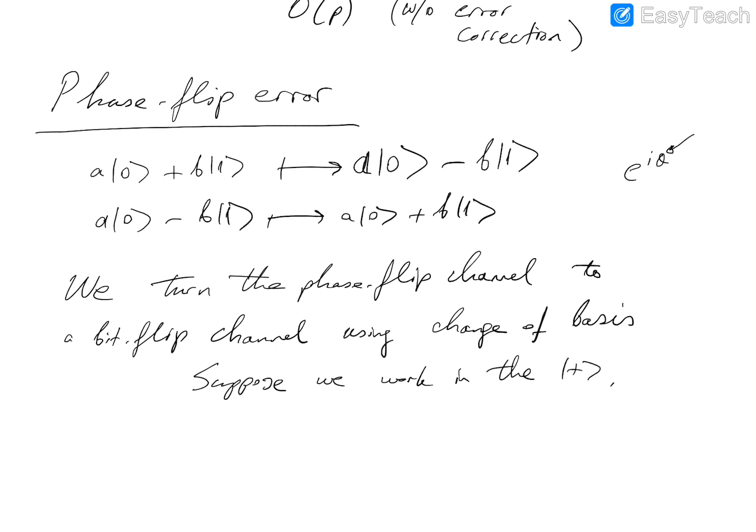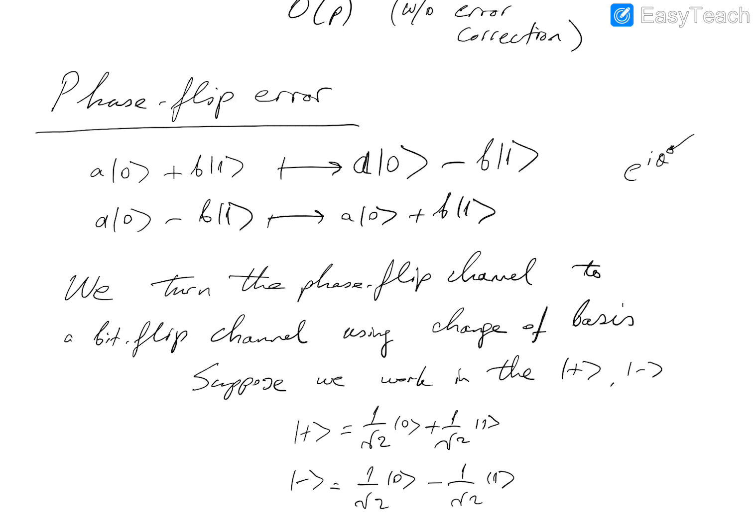The ket plus and ket minus basis. And recall that ket plus is equal to 1 over square root 2 |0> plus 1 over square root 2 |1>, and ket minus is 1 over square root 2 |0> minus 1 over square root 2 |1>. Okay, so the idea is the same, except that now we work under the sign basis.